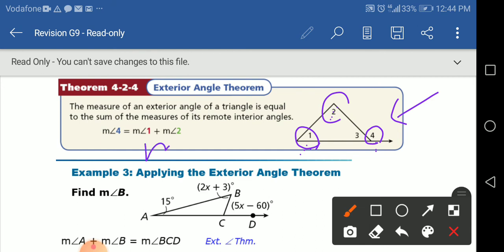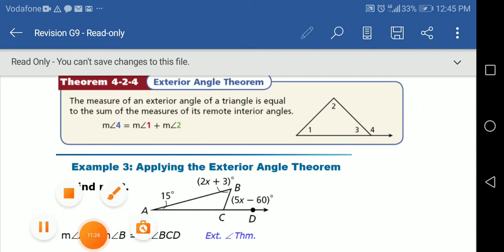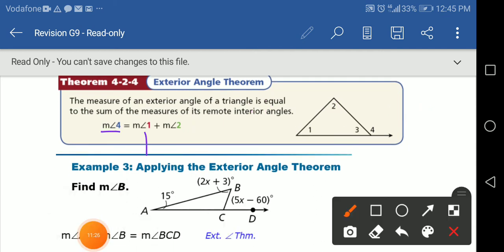If I said angle 4 equals 1 plus 3, for example, it would be wrong. The exterior angle must equal the sum of the far angles, not the near angle.